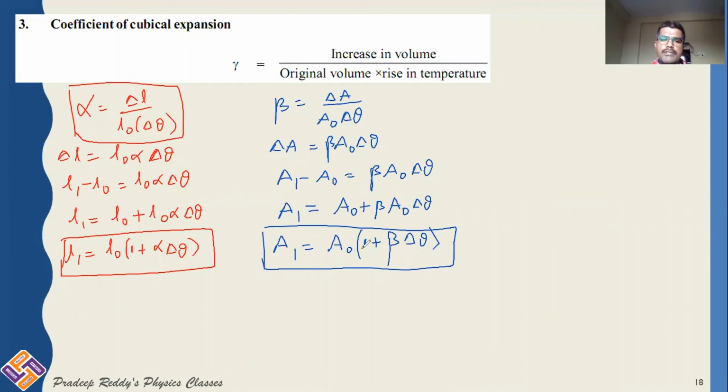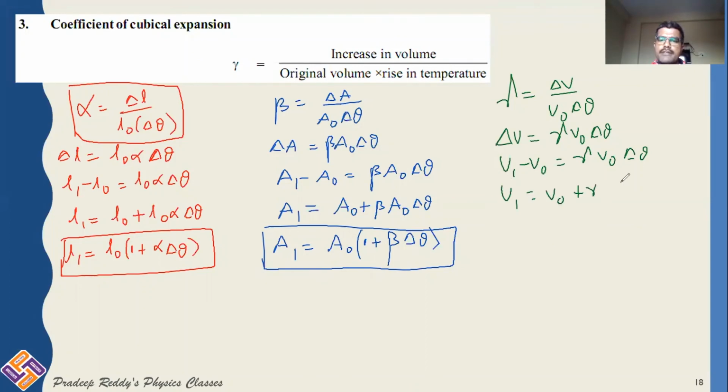Likewise, the other one which we have is gamma. Gamma is equal to delta V divided by V naught into delta theta. So you can write delta V is equal to gamma V naught delta theta. V1 minus V naught is equal to gamma V naught delta theta. V1 is equal to V naught plus gamma V naught delta theta. Therefore, the final volume V1 is equal to V naught into 1 plus gamma into delta theta.